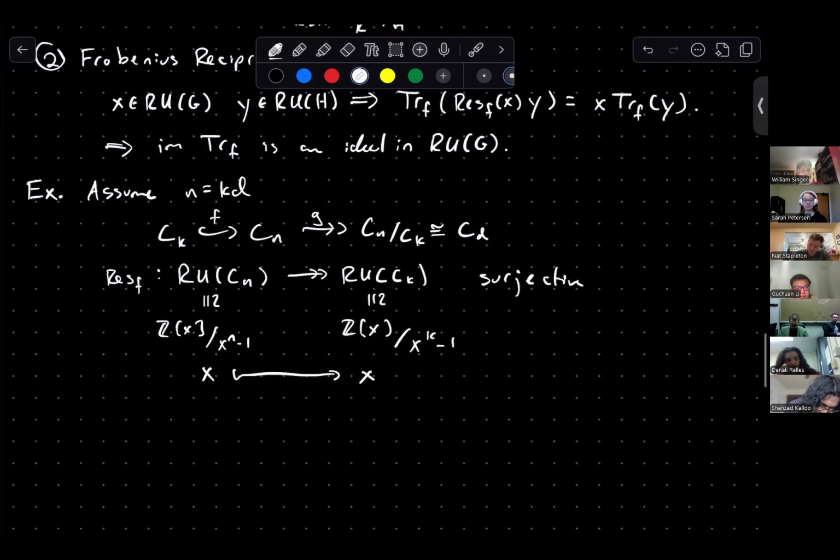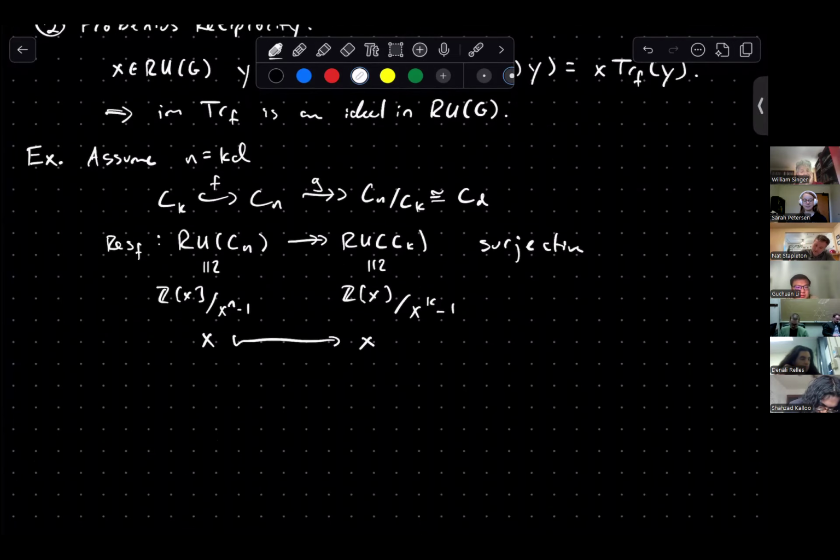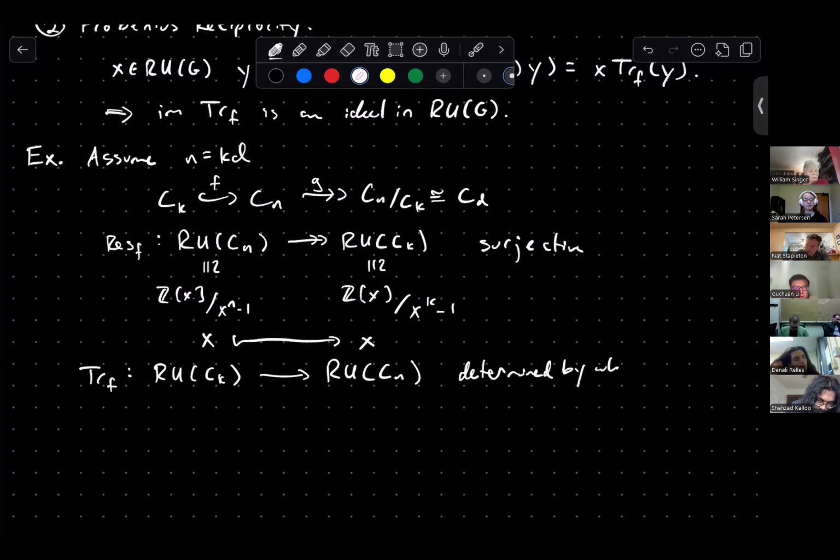Let's consider the transfer along F. So this is a map from RU of C sub K to RU of C sub N. But because that restriction map was surjective, this map is determined by where 1 goes, by Frobenius reciprocity. So this is determined by where 1, otherwise known as C to the 1, goes.